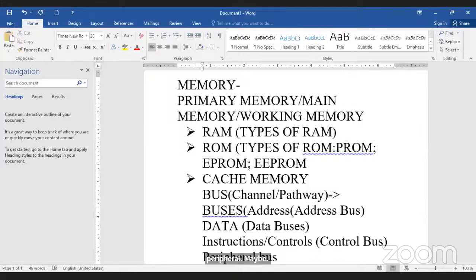Now I know some of you don't know what a peripheral is. You know all the players of Chelsea, but when it comes to computers, that's where we draw the line. So we have a bus that connects peripheral devices.